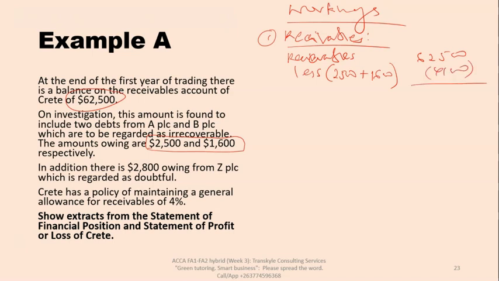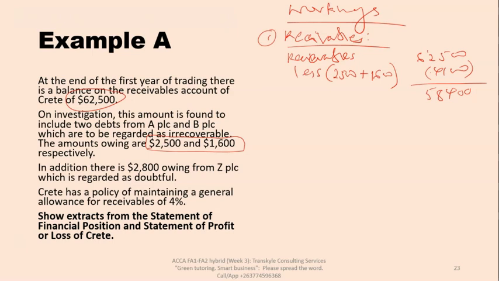And 62,500 minus 4,100 gives 58,400. So that's the receivable figure there.